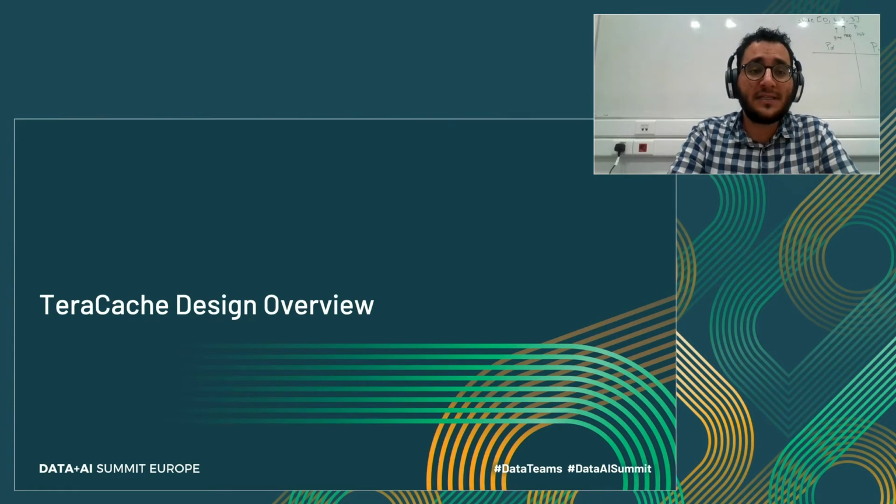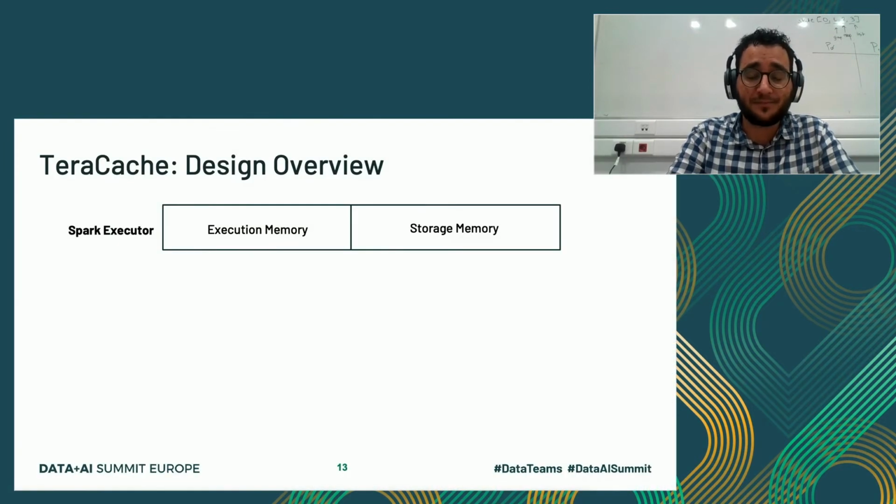Here we show the design overview of TeraCache. As we said, we have the Spark executor, and the memory of the Spark executor by default is divided into two logical spaces, execution memory and storage memory.